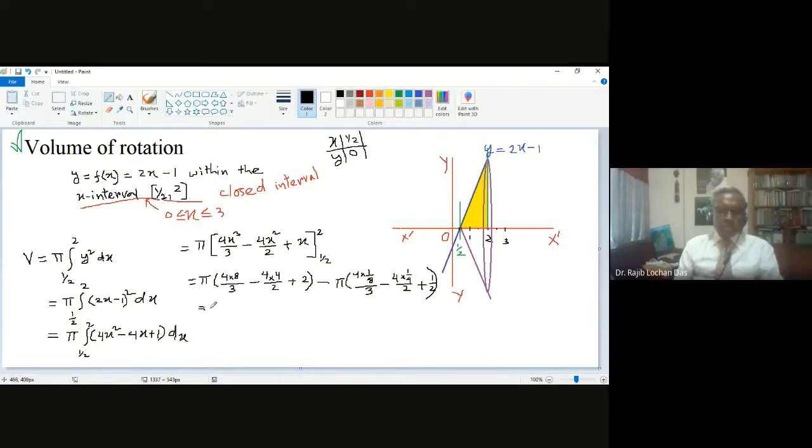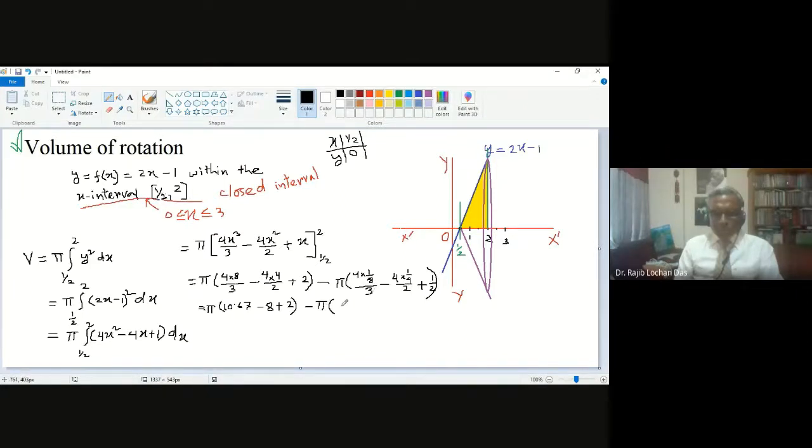So now what is the answer? This is pi, and it is 32 by 3. So 32 by 3 means 10.67, and this is 8, and this is 2, and minus pi times 1 by 6. Okay, 1 by 2, 1 by 3, 1 by 6.